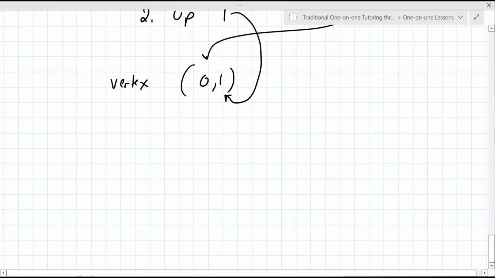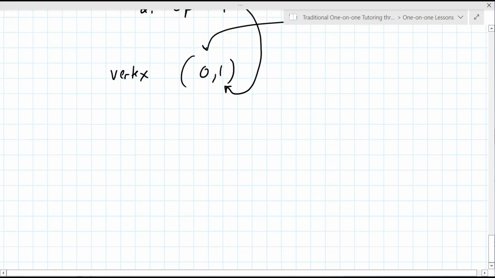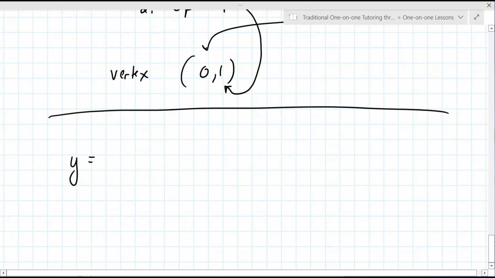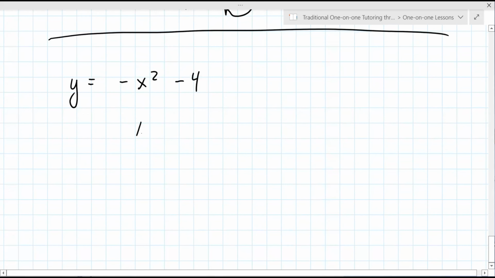Let me see if you think you've got this down. I'll give you an example to try on your own. Let's say it's y equals negative x squared minus 4. Does this shift left or right? It shifts right. No, wait, left.